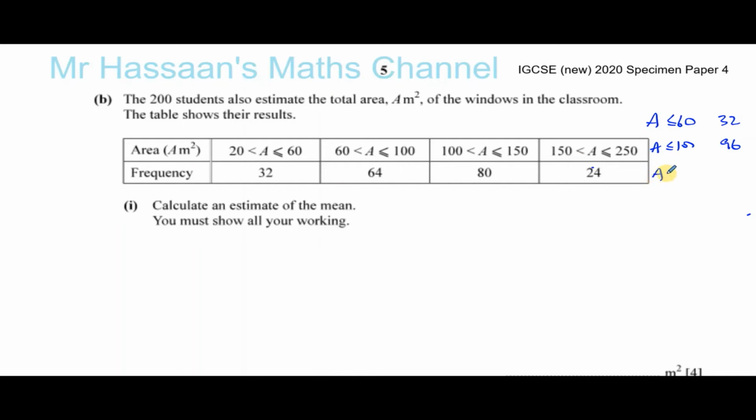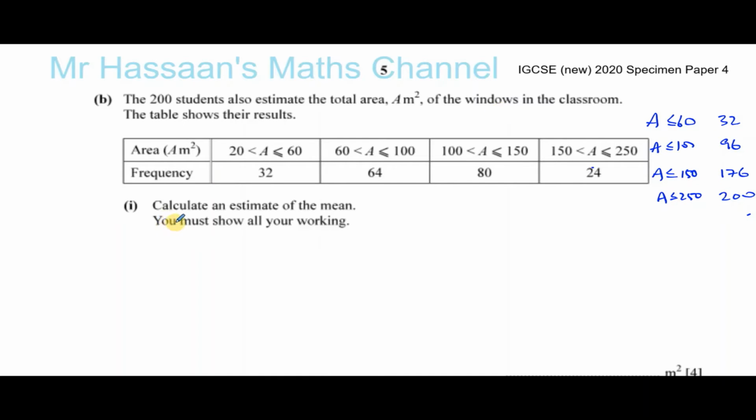And the area is less than or equal to 150, so you include all of these as well. So you're going to have 80 plus 96, which is 176. And then the area is less than or equal to 250, and adding these 24, it's of course going to add up to 200. Okay, that's the cumulative frequency table from which the cumulative frequency curve was plotted.